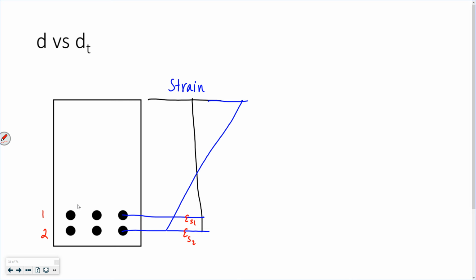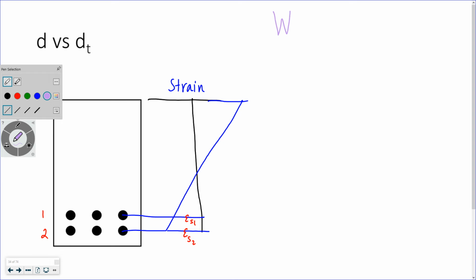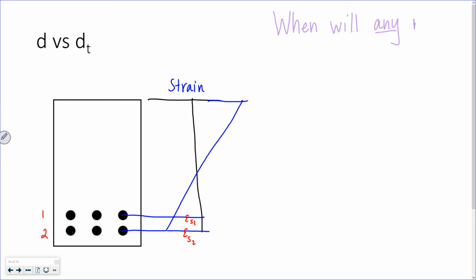So I want to know when will any reinforcement start yielding? Not necessarily all of it, but any.